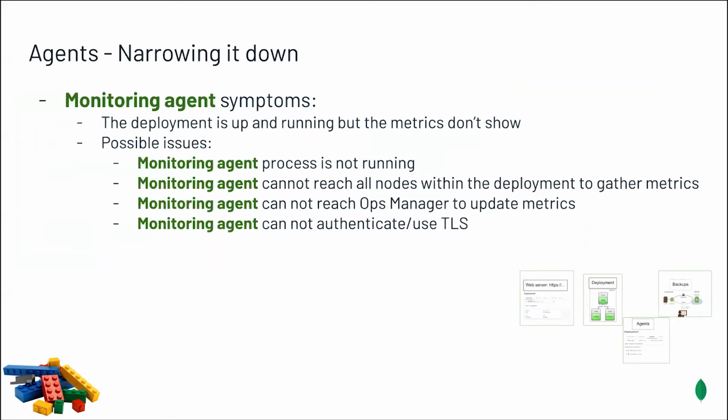So the process may simply not run, or the monitoring agent cannot reach all the nodes in the deployment, or it cannot reach Ops Manager to update metrics. In some cases, there is an authentication problem or TLS problem with certificates.